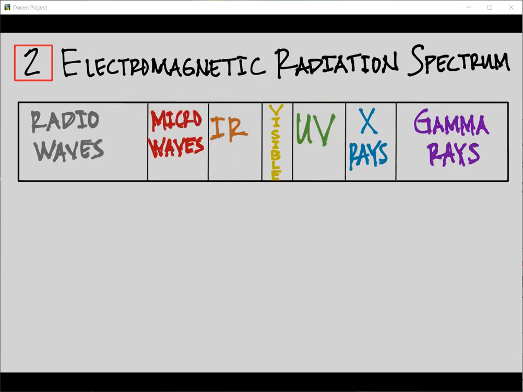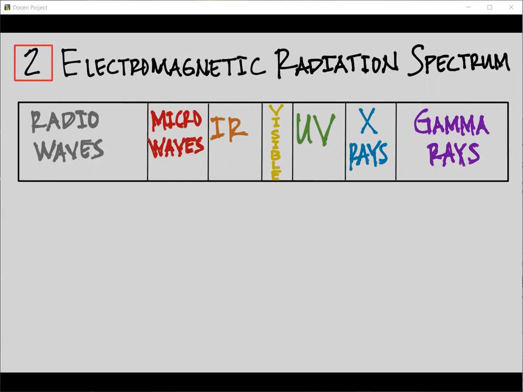Whenever you're looking at an EM radiation spectrum, make sure that you know which ones are high in energy and which ones are low in energy. Same thing when it comes to wavelength and also frequency. You learned in chapter 4 that all these three things are related mathematically, all right? Those are the energy, wavelength, and frequency.